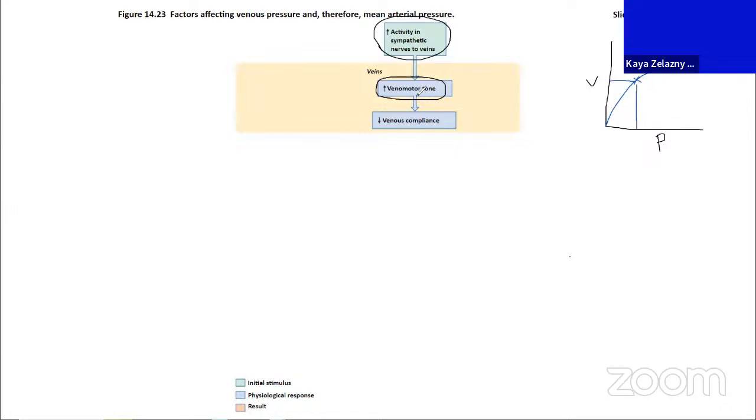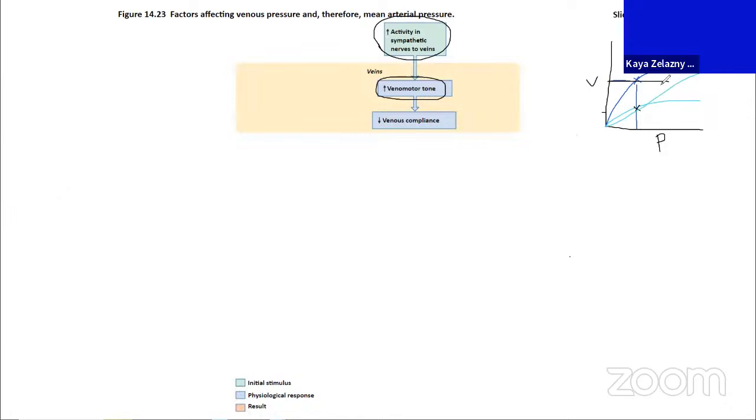Now, when we're all tensed up, when we have this increase in venomotor tone, we're lowering the compliance, right? Which means that we can hold less volume for a given pressure, or read conversely from the opposite side. If we want to hold that same amount of blood, I'm going to have to draw my blue line eventually going up that light one so that we can cross that barrier.